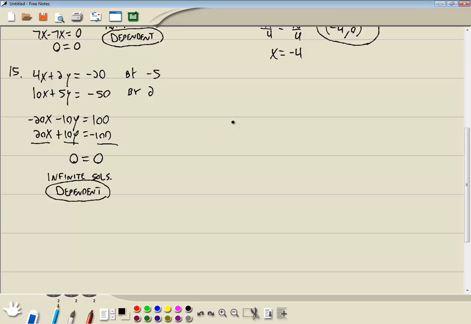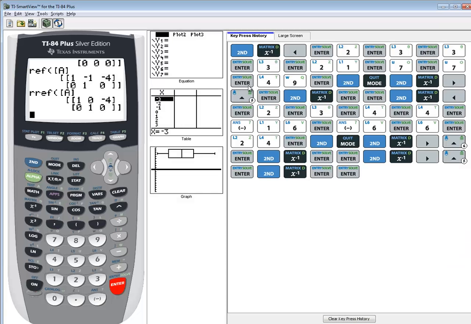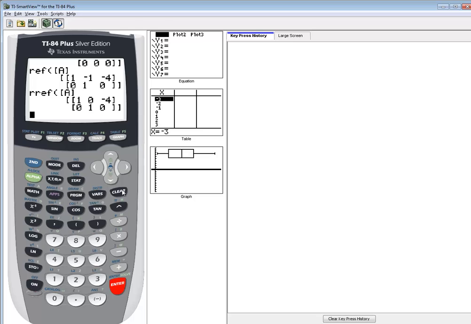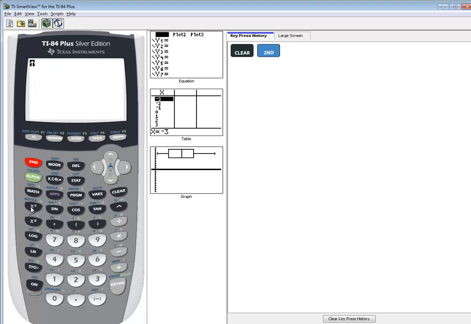Now let's do this on the calculator. Again, put the numbers in, drop the variables, drop the equals. So I got 4, 2, negative 20, 10, 5, negative 50. So go in the matrix menu and do second x negative 1.